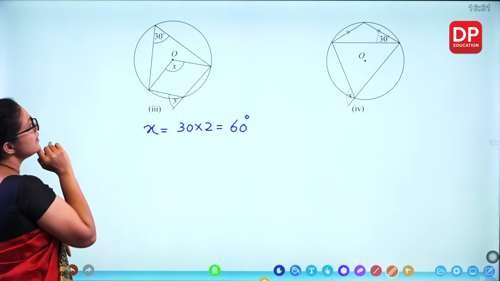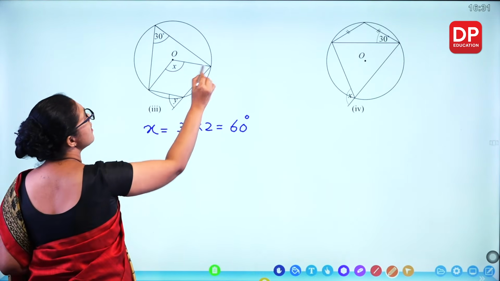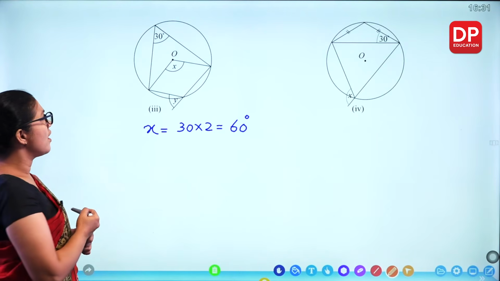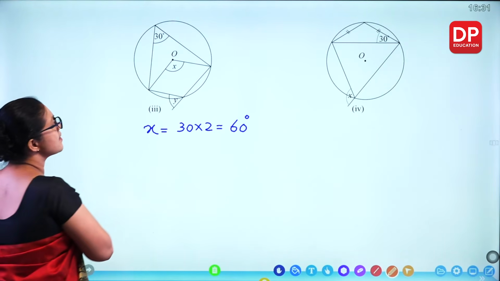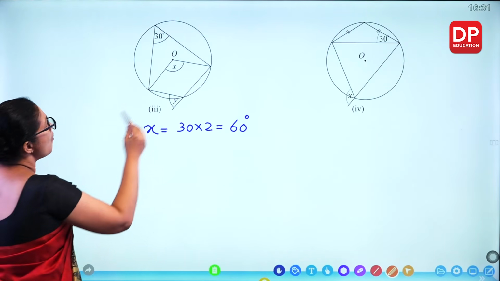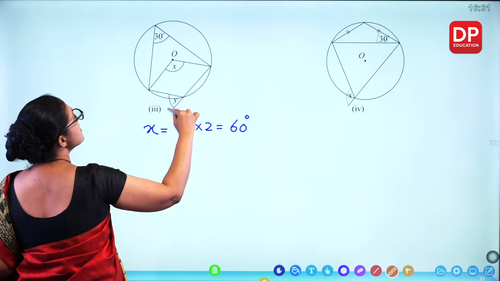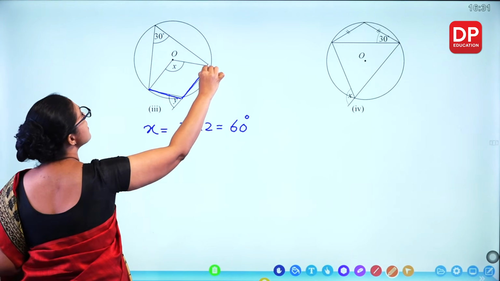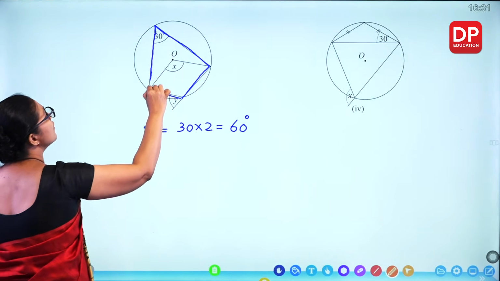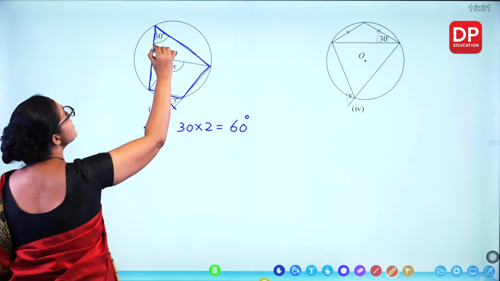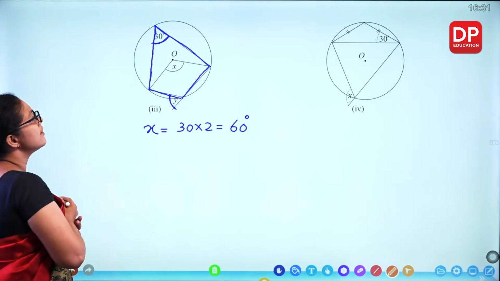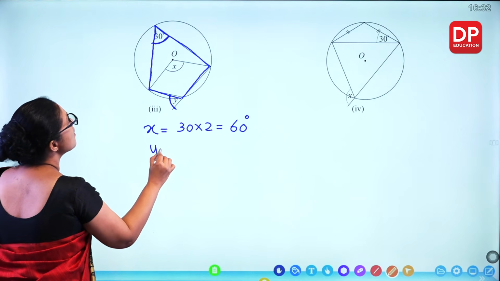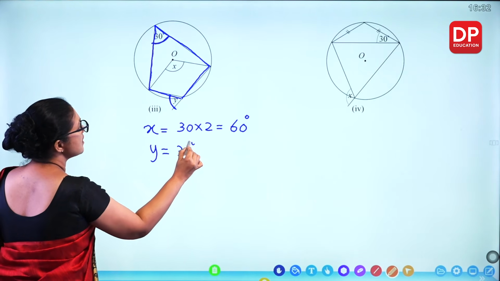Then, is this a cyclic quadrilateral? No, you can't just write y equals x. Y is the cyclic quadrilateral to this diagram. So what's y? Y is same as 30. So x is 60, y equals 30.